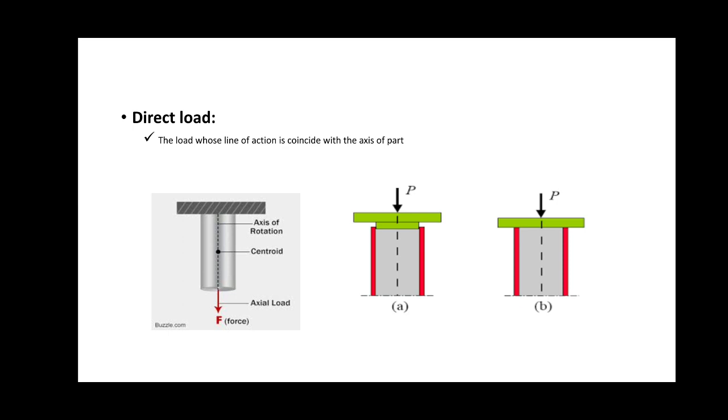It means a centrally acting load on the part is called a direct load. Those loads acting at the centroid, whose line of action is located at the center of the part, are called what? Direct load.